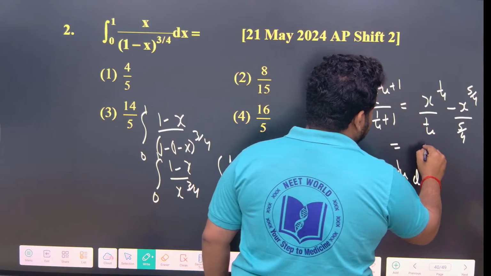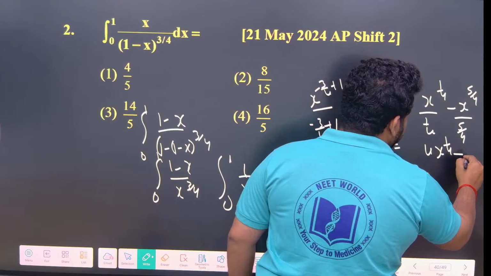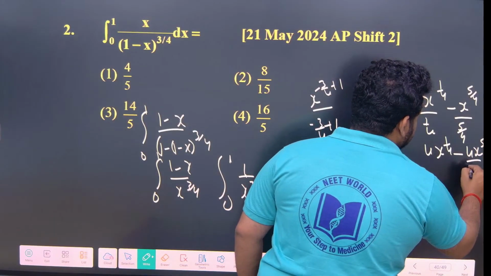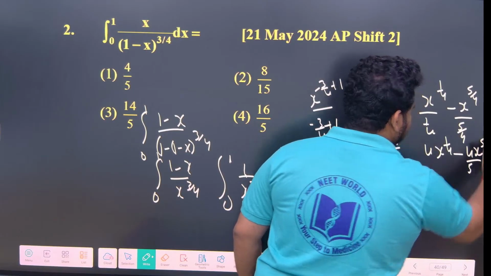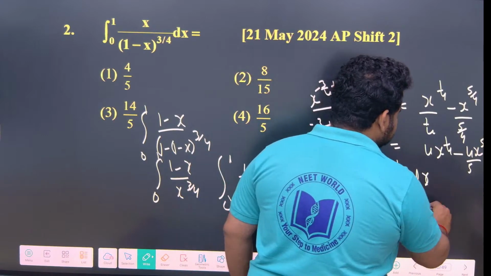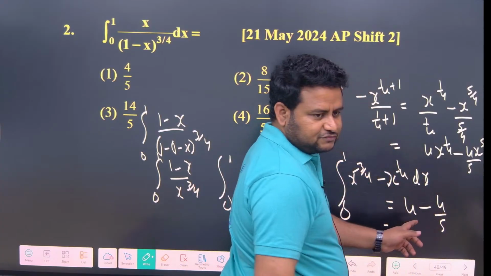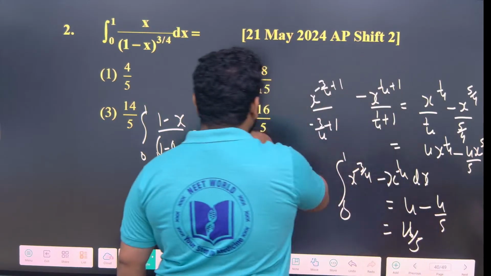This will be 4 into x power 1 by 4 minus 4 into x power 5 by 4 by 5, from 0 to 1. I have to just apply 1. This will be 4 minus 4 by 5. 5 4s are 20, 20 minus 4 is 16. So 16 by 5, that is option 4.